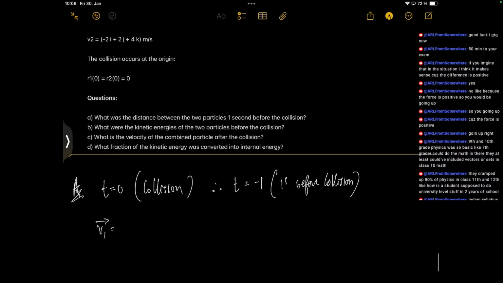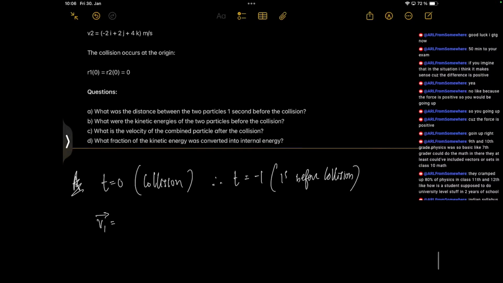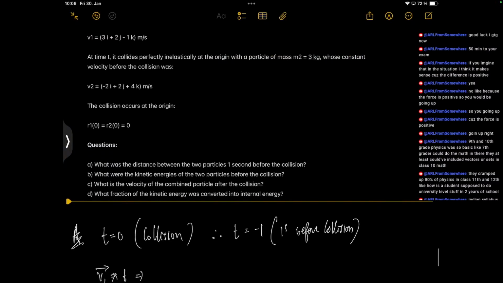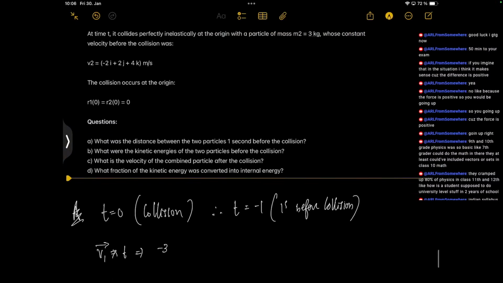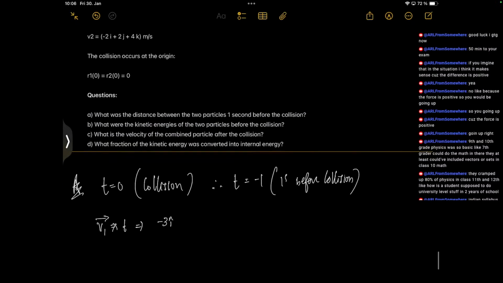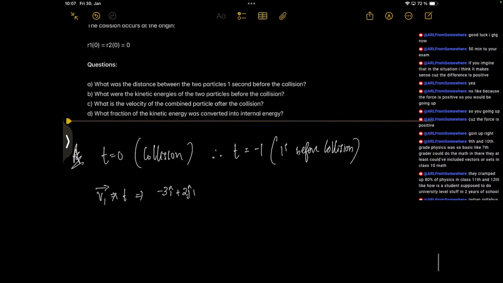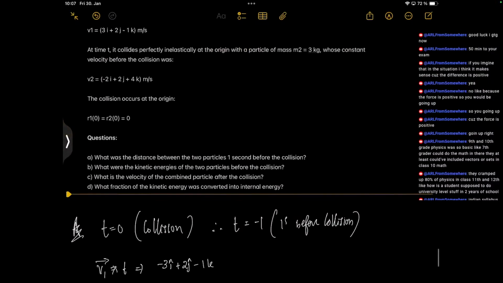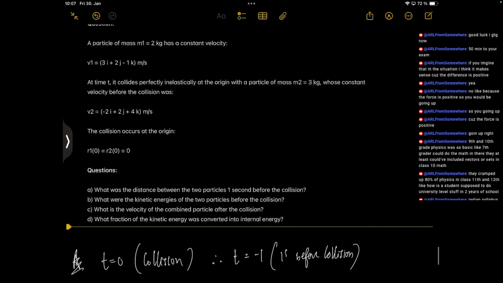V1 equals -3i plus 2j minus 1k. No, -3i minus 2j plus 1k.